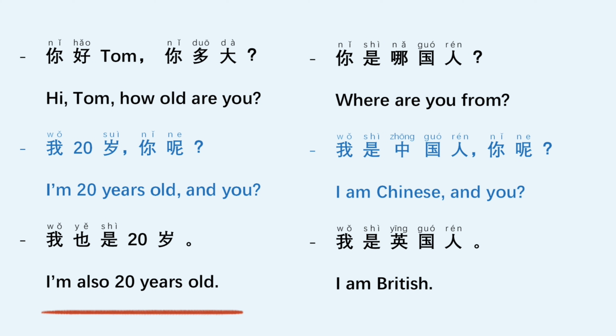I'm also 20 years old. 你是哪国人? Where are you from? 我是中国人. I am Chinese. 你呢? And you? 我是英国人. I am British.